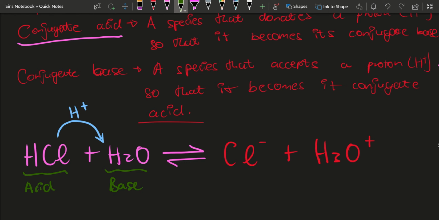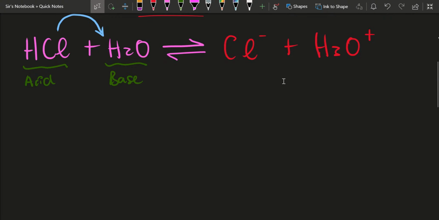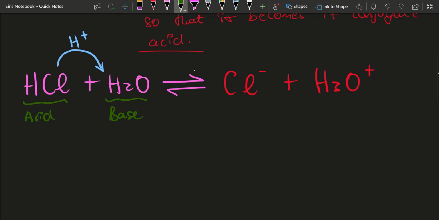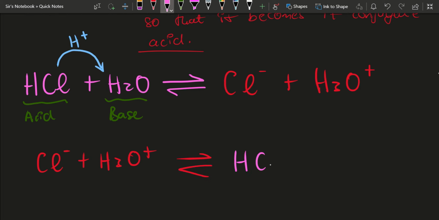But if I were to reverse the reaction, remember, this is a reversible reaction. So if I rewrite the reaction in reverse, Cl minus plus H3O plus gives me HCl plus water.